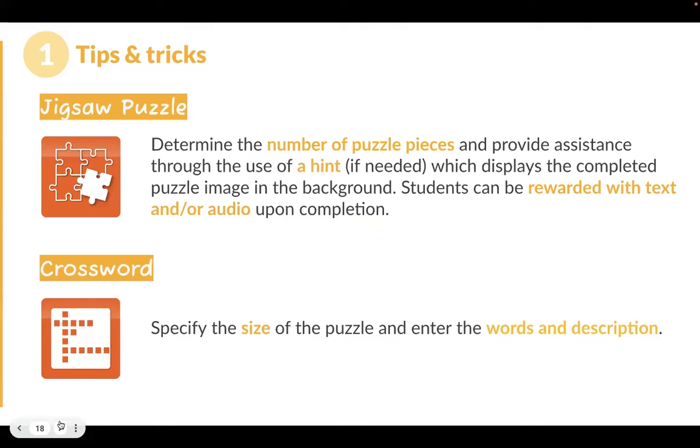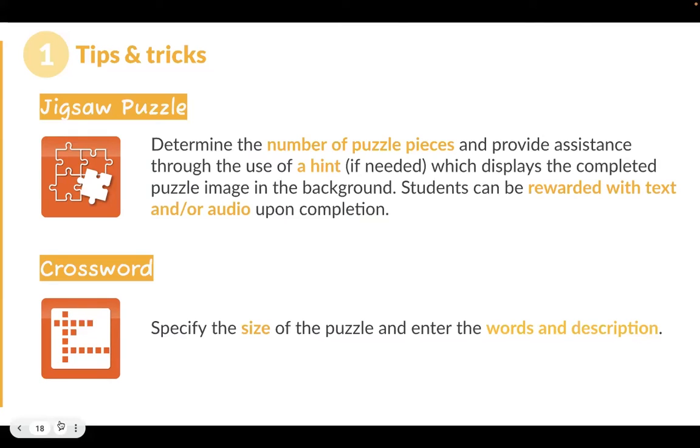So on the Jigsaw puzzle, when you're using this particular widget, you determine the number of puzzle pieces, and you can provide assistance through the use of a hint if needed. Now your hint will be the completed puzzle image in the background. And then students can be rewarded with a text and or audio option upon completion.